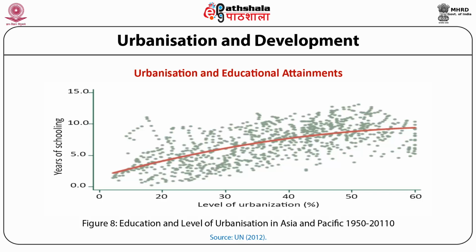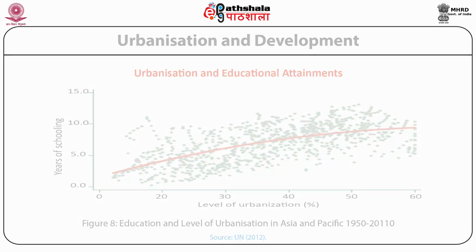The positive association between urbanization and education is evident in figure 8, which is based on Asian country level data from UN for the year 2012. We can see that in these countries, the average level of education is below 5 years of formal schooling if the level of urbanization is below 30%.